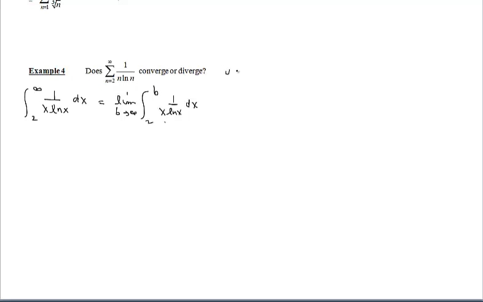Well, we're going to use u substitution. u is going to be the natural log of x, so the derivative would be 1 over x dx. So we don't need to bring in anything. 1 over x dx will be replaced with du, and then we have natural log in the denominator, so that'll be our u in the denominator.